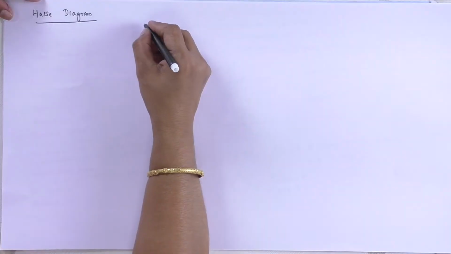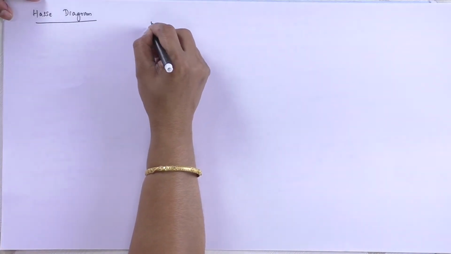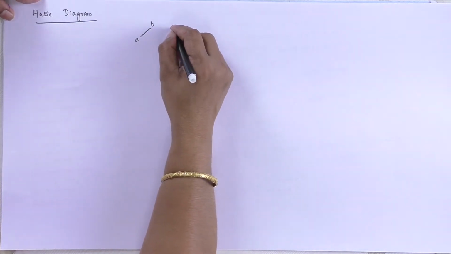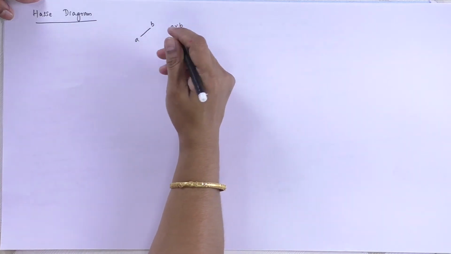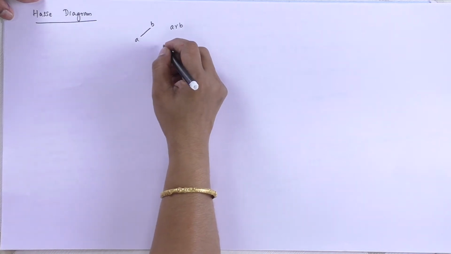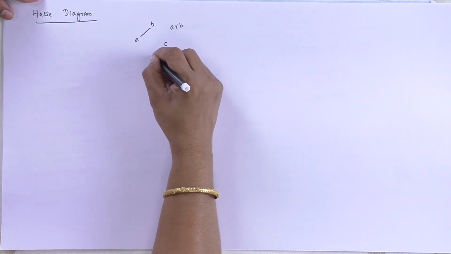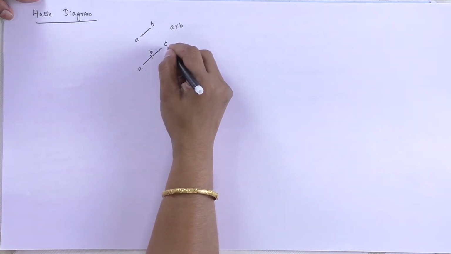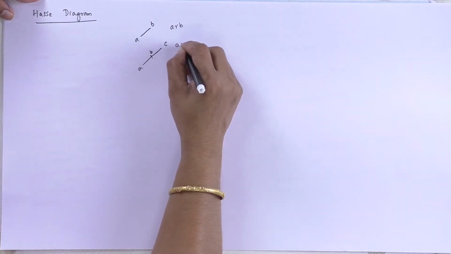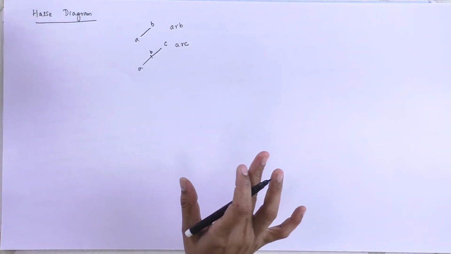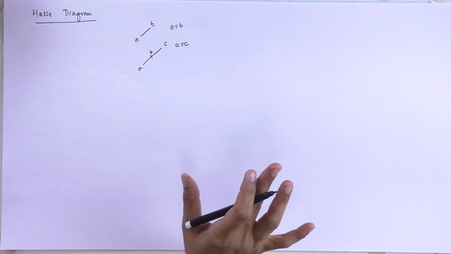And suppose I have an element B which is above A. So it says that the element A is related to B, so therefore I need not have an arrow mark for it. And also if I have an element C just above in the sequence of elements, then it says that A is related to C, so I need not have an arrow mark. So these are the things we will have to keep in mind when we draw a Hasse diagram.